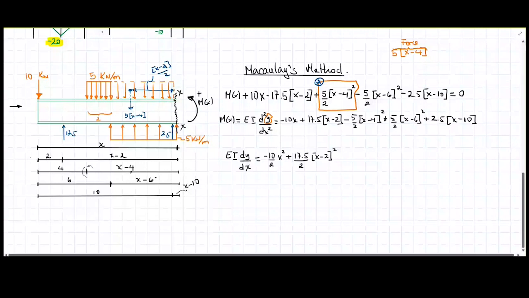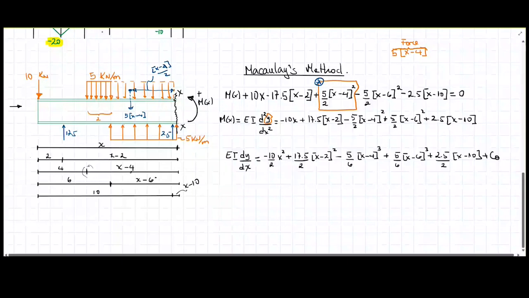And this is going to be raised to the power of 3, and that 3 is going to multiply this one here, and this is going to be then 5 over 6 x minus 4 to the power of 3. A similar case is going to happen here, and the single case here over 2, plus an integration constant. And that integration constant is going to be called c theta.